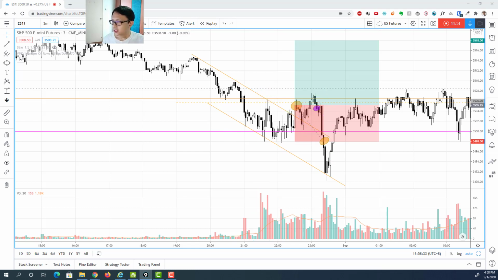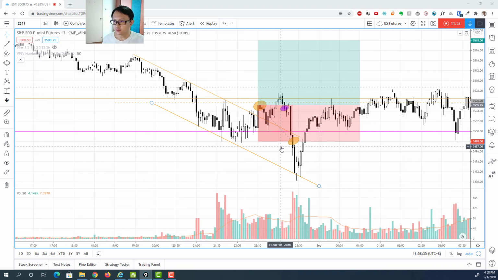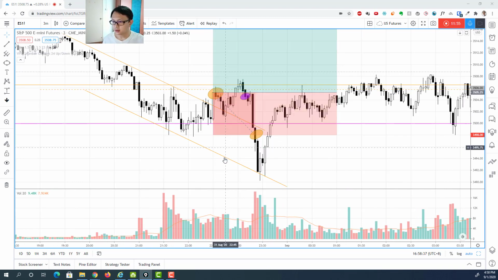Another thing that's worth paying attention to is this kind of price action. First of all, let's take a look at the volume. We have this reaction, and that comes with a bit of volume here, and subsequently we see this kind of reaction, and the volume level is a lot lower, and we have formed a higher low here.